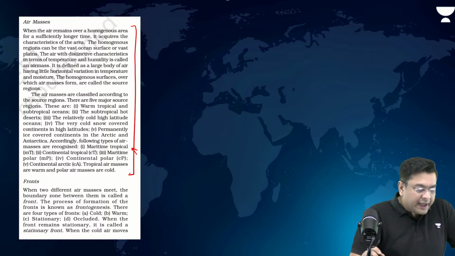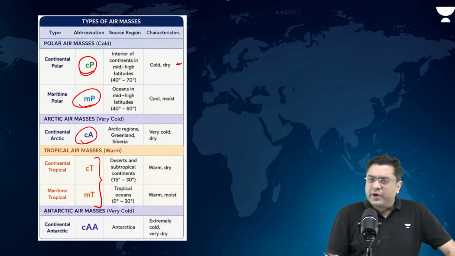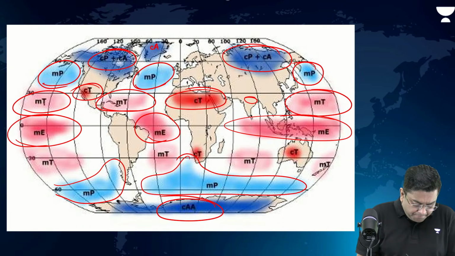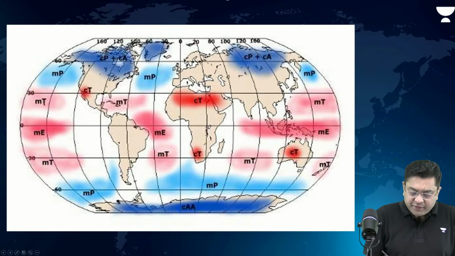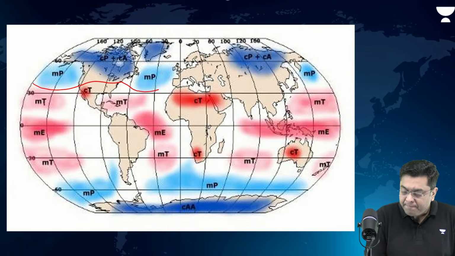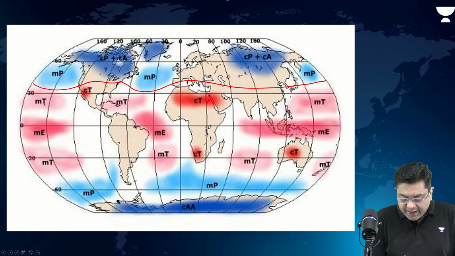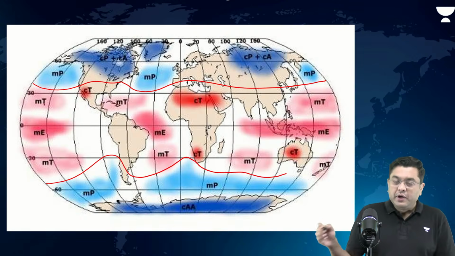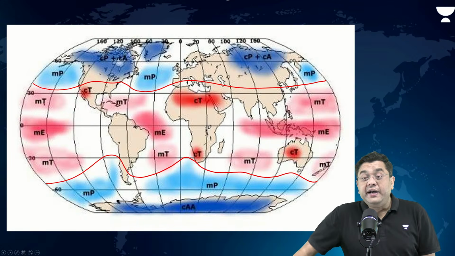Now, if you take a look at all these air masses, now, if I draw this line here and I draw this line here, what do these lines indicate?